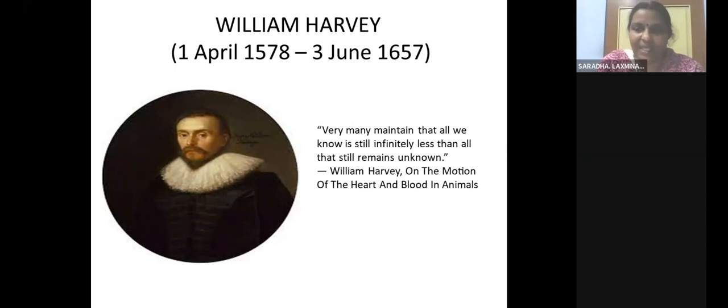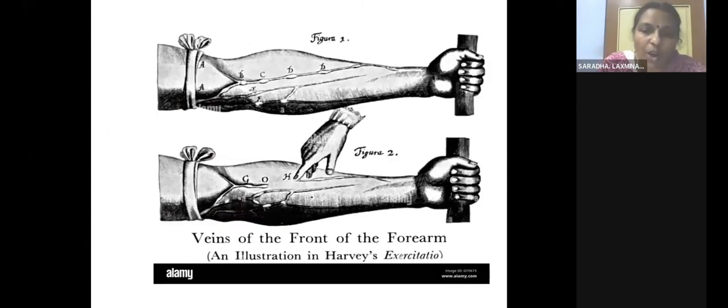Yes. So this is his lifespan. He was doing all these things before the discovery of the microscope. So there was no microscope to find out. He did dissection in animals, and he also studied these structures by cutting down the forearm. There is one picture like this: veins of the front of the forearm.